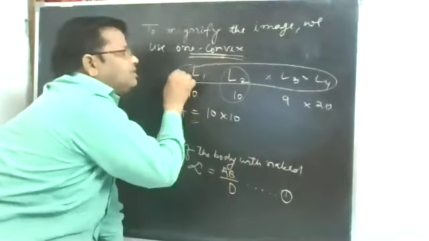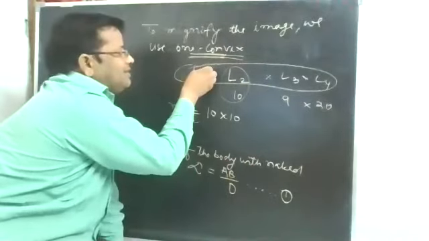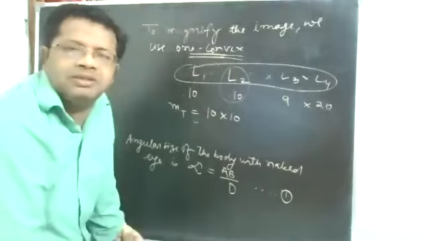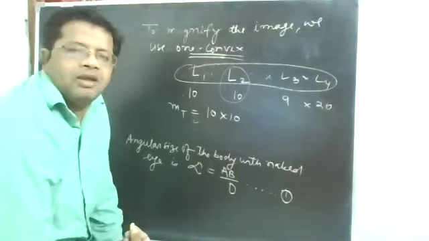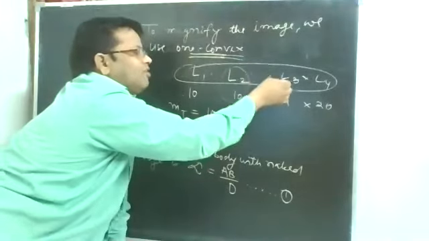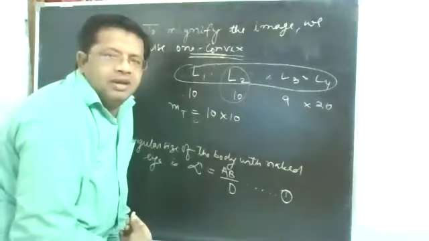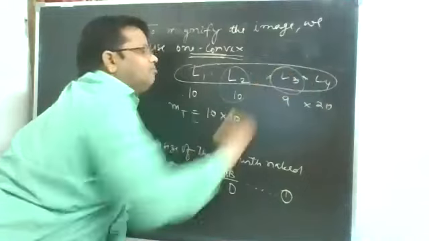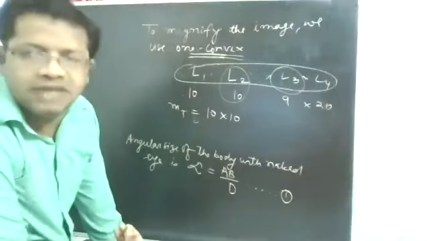Because whatever the size of the image that is magnified, it is further magnified by the next lens, and the image formed by this lens acts as an object for the third lens, which will further magnify the size of the image.